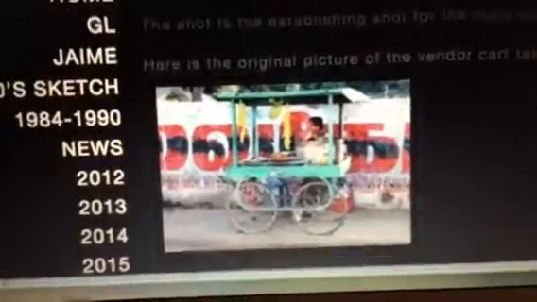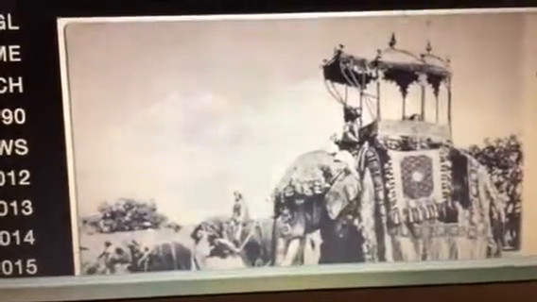I kind of wanted to show the culture, some of the culture. And here's the picture of the carriage that I wanted on my elephant. So I took the carriage from there and I put it on my elephant for my image.